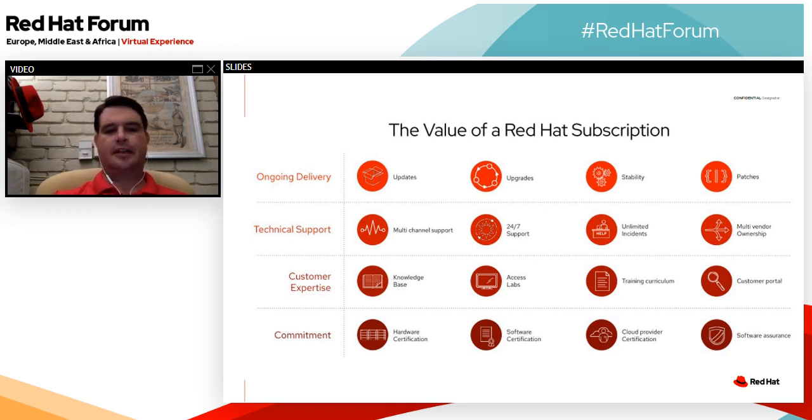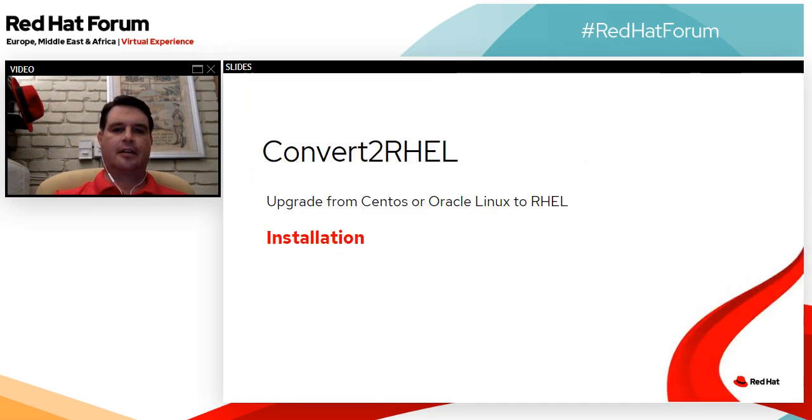So, to get to the exciting command line action, I'm first going to be talking about Convert2rhel. So I'm starting off with a CentOS 7.8 release. It's fairly generic. It doesn't actually have any services running as such. It's a test bed environment. So this is best case scenario.